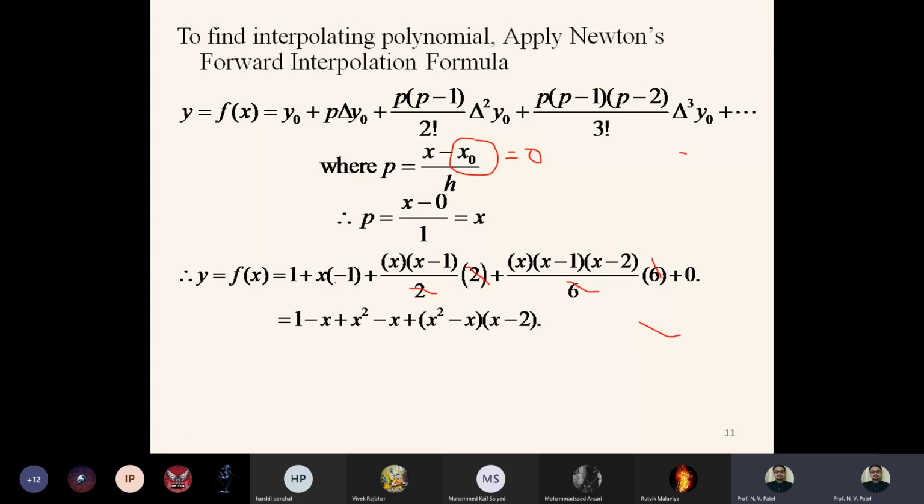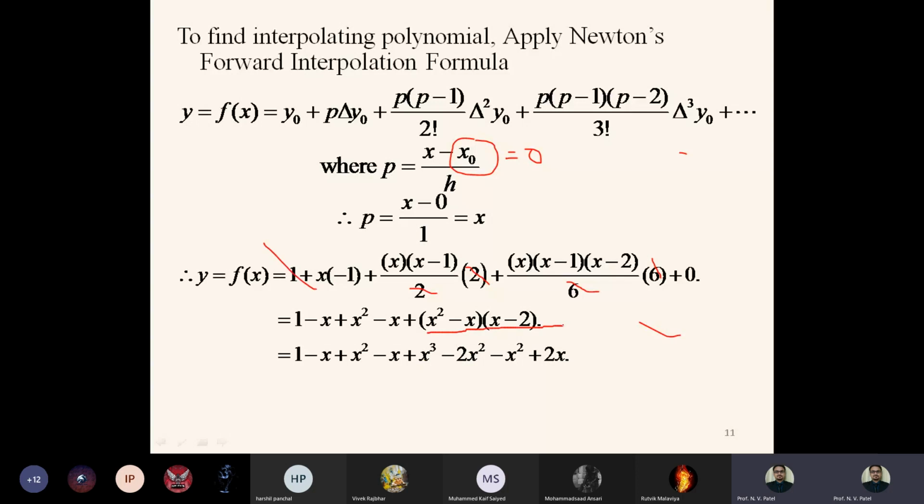Then next is x into x minus 1, that is x square minus x. And next, x into x minus 1 into x minus 2 into 6 upon 6; the 6 cancels. So the product of the three brackets: x minus 2 into x square minus x, that is x square minus x into x minus 2. Multiply inside this bracket too.